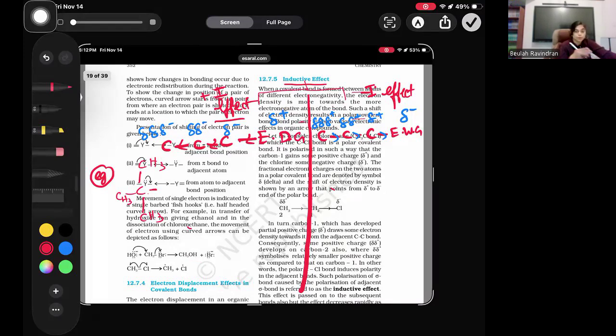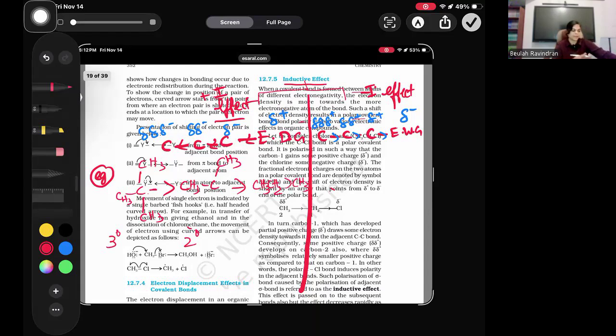The plus I effect is more in it, since it has three carbon atoms attached to one carbon. So it has more plus I effect, which is greater than CH3C, which we can say is secondary. So this is tertiary, 3 degree, then 2 degree secondary, and then primary: CH3, CH2. Like this it might be. Then CH3.